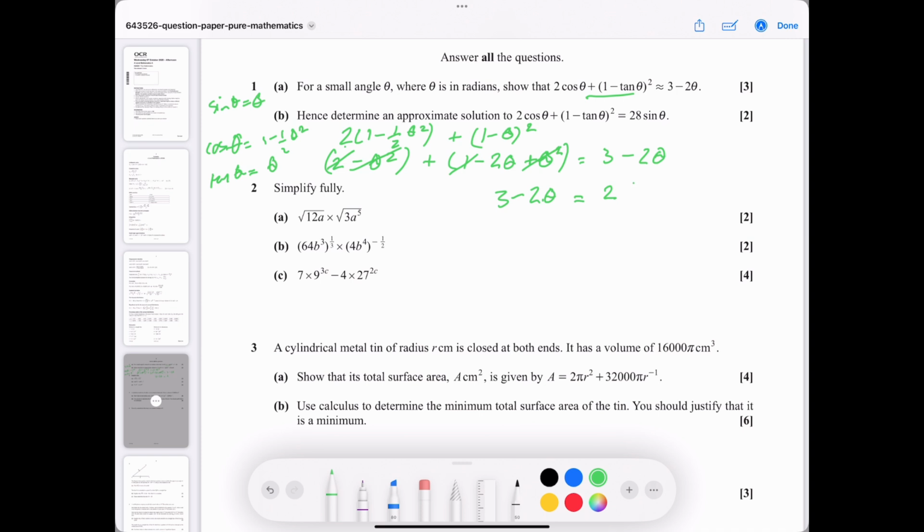And I'm assuming that this is going to be the small thing as well, so it's just going to be 28 theta. So that means 3 equals, add that on, 30 theta. So that means that theta equals 3 over 30, which equals 1/10.